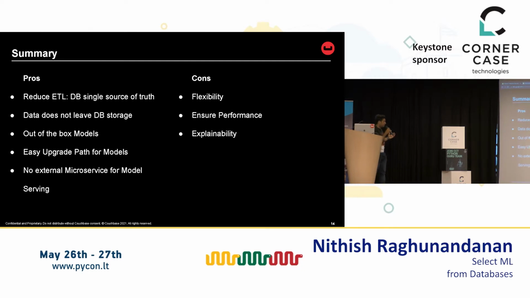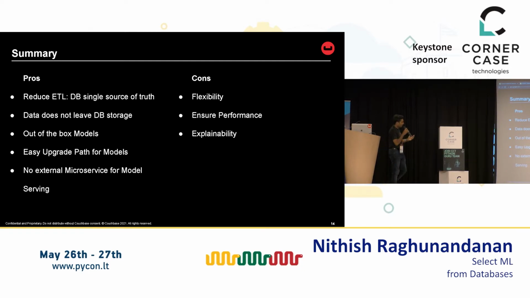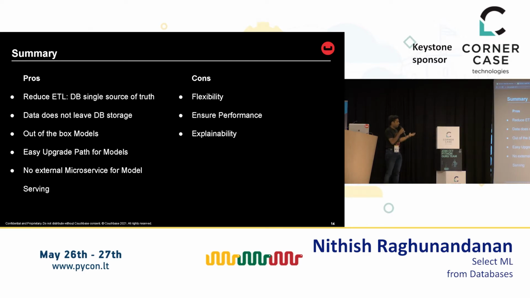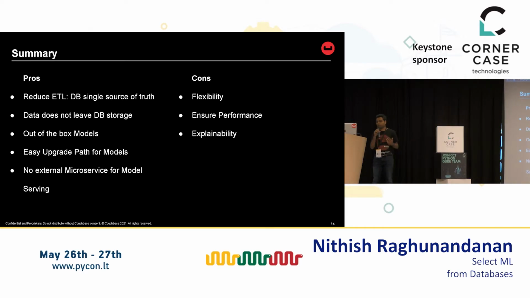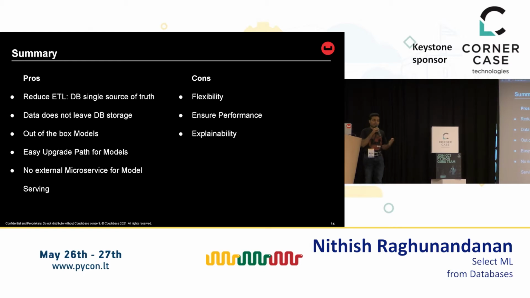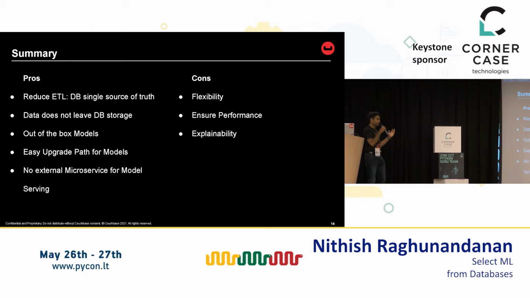But just to summarize, some of the advantages here are that you don't have a lot of variation between your analytical data and your operational data. One more thing is that your data doesn't leave the database. This might be important for legal purposes, as there are laws saying some data shouldn't be processed in certain areas.